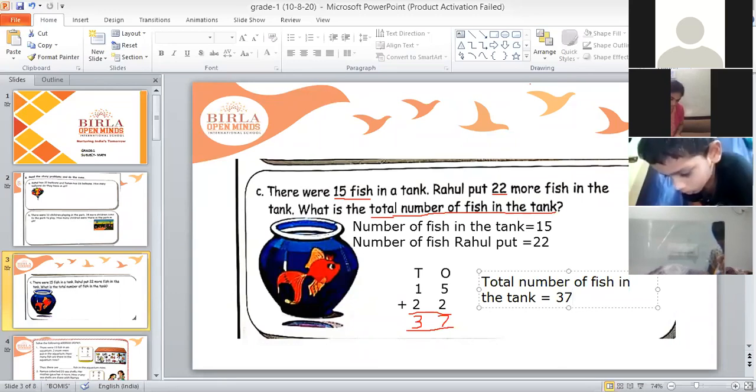You have to find these words, and then you have to try to understand the word problem. Yes, children, please write fast.